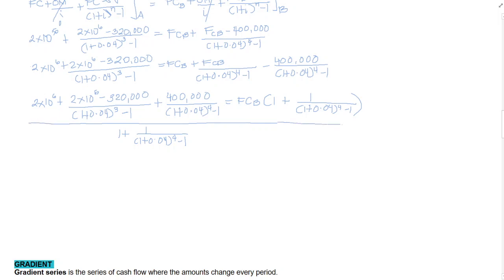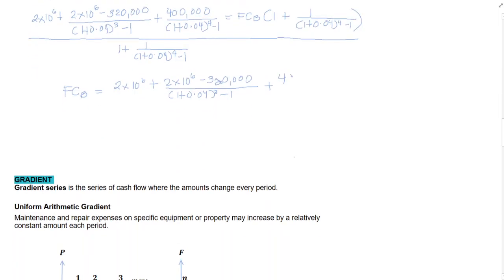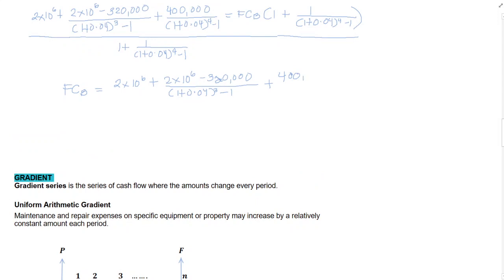Okay, so our FCB now, the first cost of the second truck, is equal to 2 million plus 2 million minus 320k divided by 1 plus 0.04 raised to 3 minus 1 plus your 400,000 divided by 1 plus 0.04 raised to 4 minus 1.